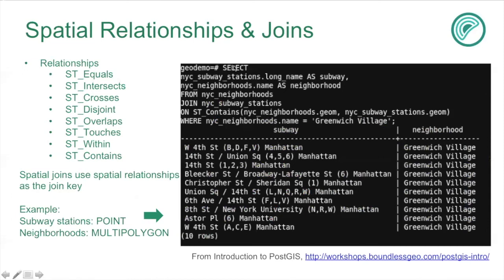So you have a single select statement here, and you can see we're doing ST_Contains. And the ST_Contains identifies the subway stations that are enclosed by the polygon representing the neighborhood, where the neighborhood name is Greenwich Village. This is an example from the Boundless workshop, which I would highly recommend. And this is a tiny data set.